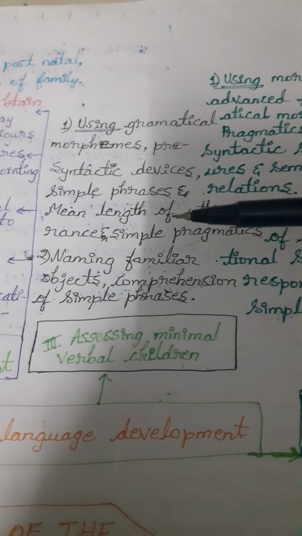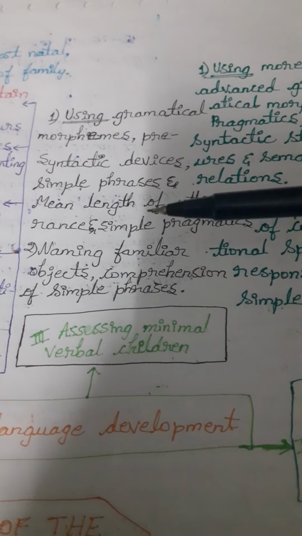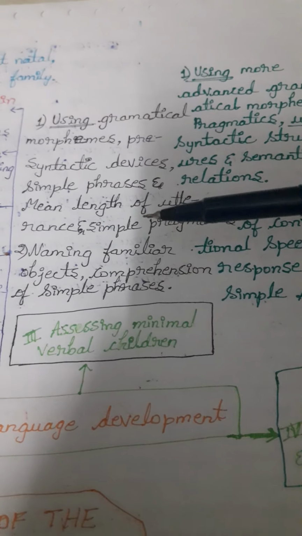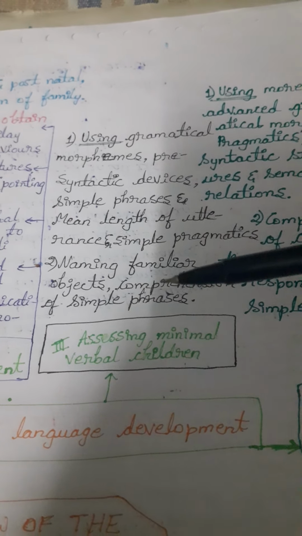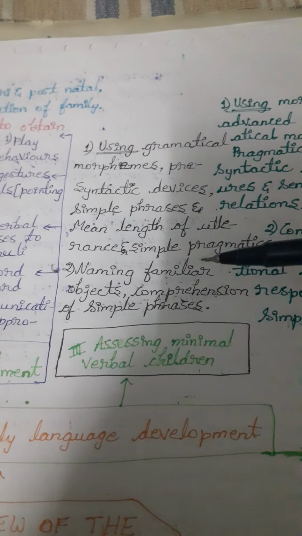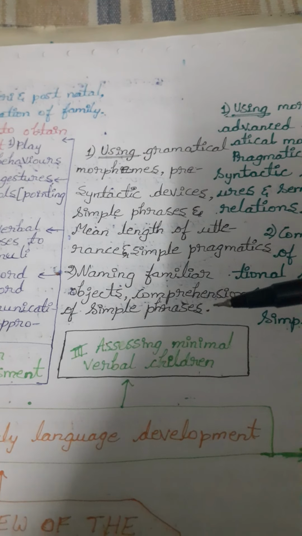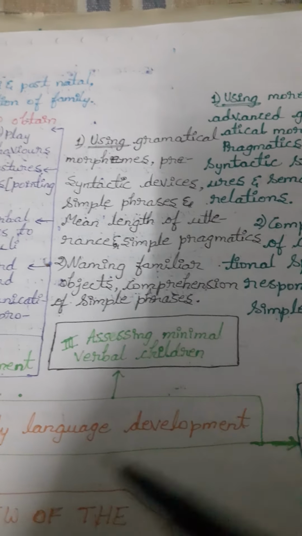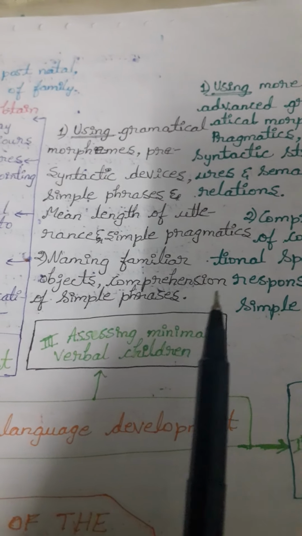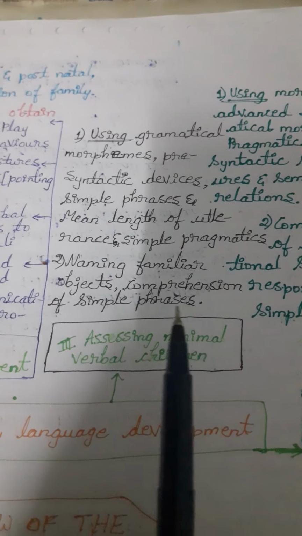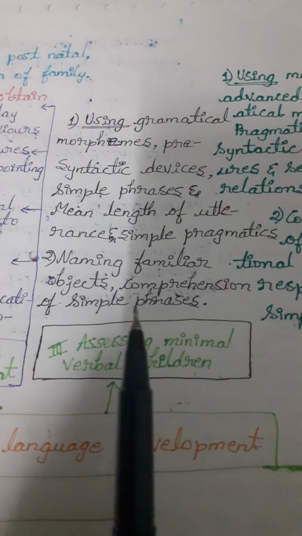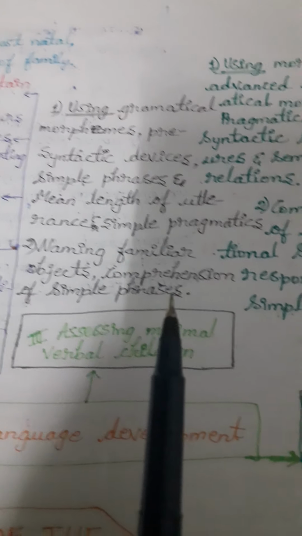MLU, the mean length of utterance, is the length of an utterance made by the child or client. Simple pragmatics: naming familiar objects, comprehension of phrases, simple phrases. Comprehension is understanding. Phrases are combinations of 2 to 3 words. Whether the child is able to understand the simple phrases.